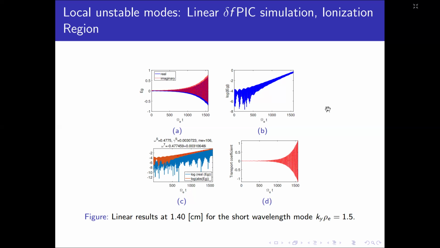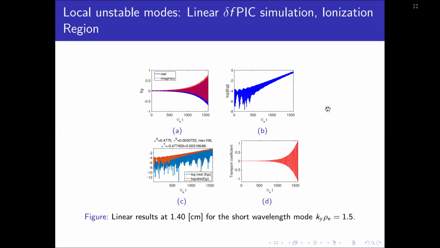Okay, and finally here I plot the transport coefficient, okay, which is related to the flux of particles as a product of this instability. So look, these are linear results, okay?